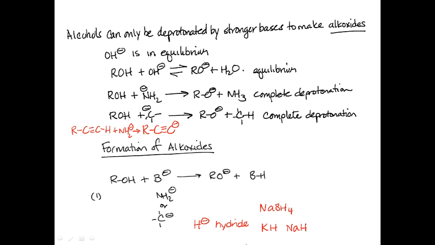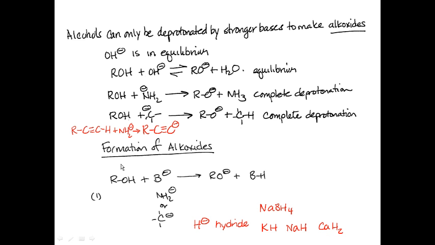These are pretty wicked reagents. Sometimes you could use calcium hydride, but usually you'd use potassium or sodium hydride to deprotonate the alcohol. And there are advantages and disadvantages of those as well. But we can use an N-, H-, or C- to completely deprotonate an alcohol.